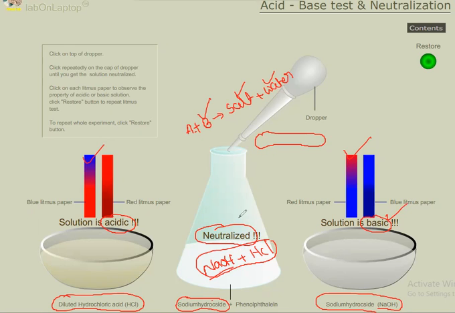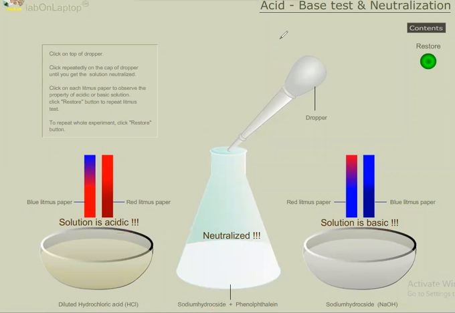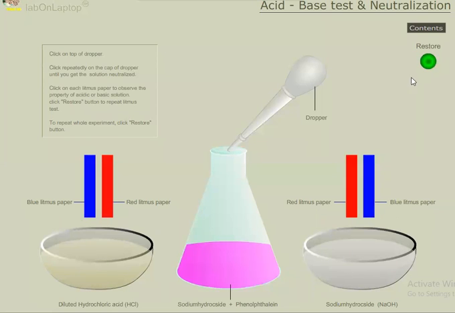When acid reacts with base, or base reacts with acid, and if we continuously keep adding either acid to base or base to acid, then at one point it gets neutralized and gives salt plus water. Is it clear? So this is the activity. If you want to repeat, you can repeat by taking these papers.